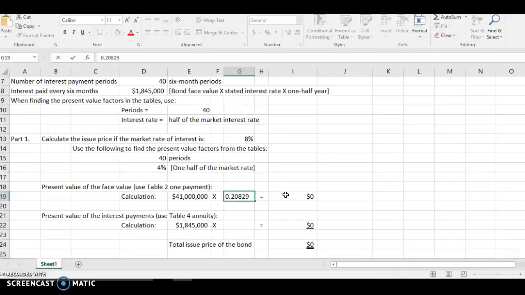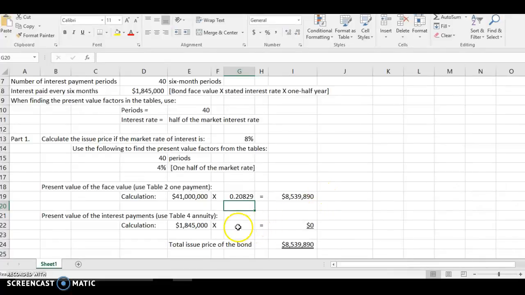Hit enter, and what we just found is today's value, the present value of $41 million, 40 6-month periods out in the future, discounted at a rate of 4%. So that's the present value of that one lump sum $41 million payment.